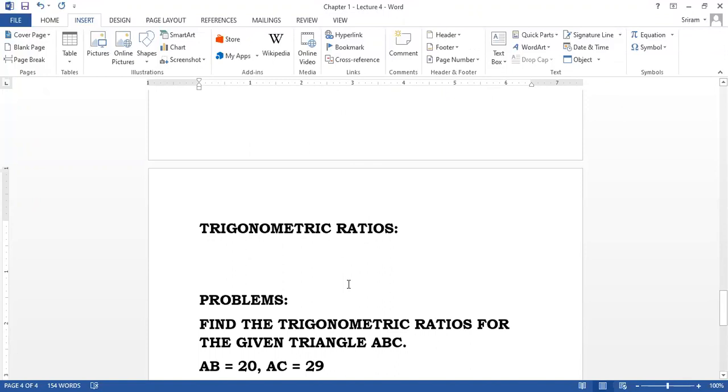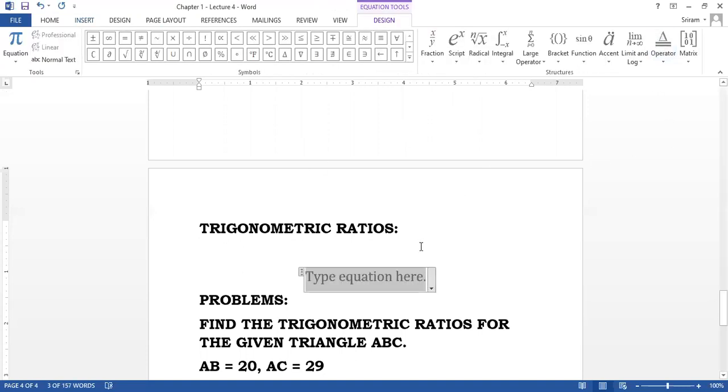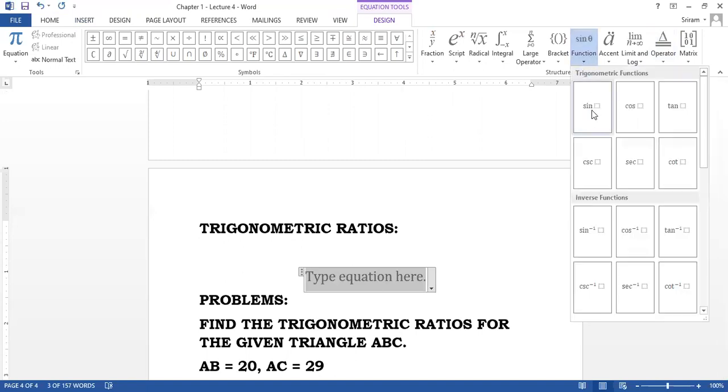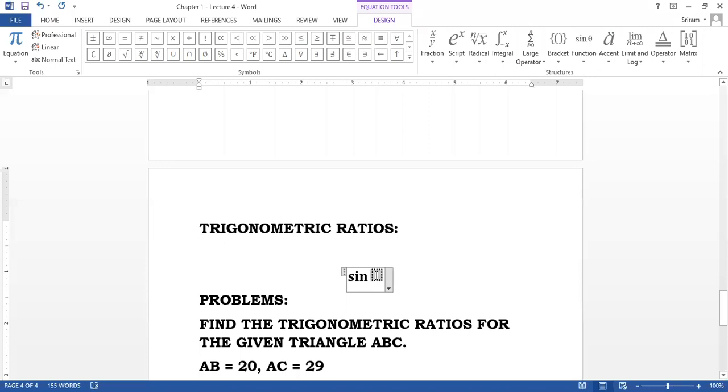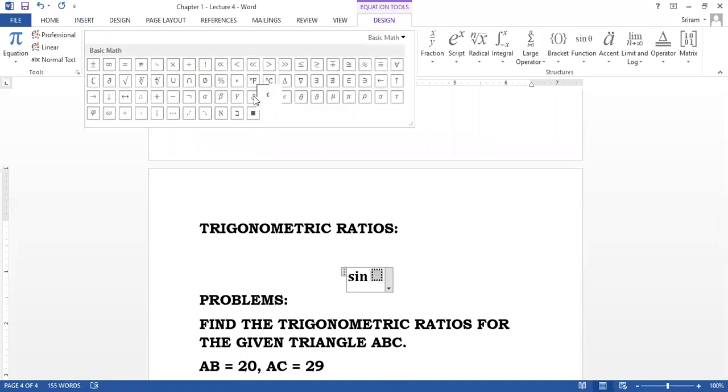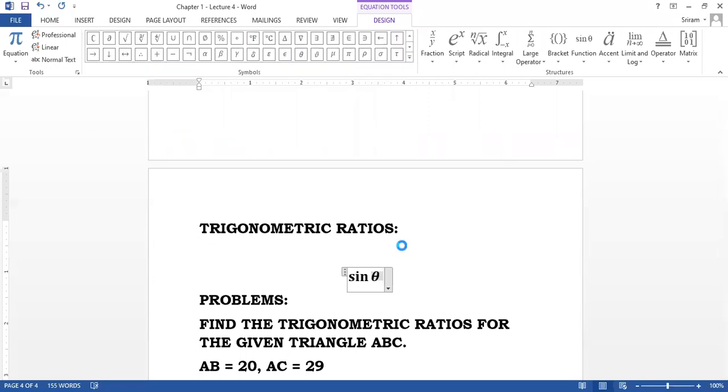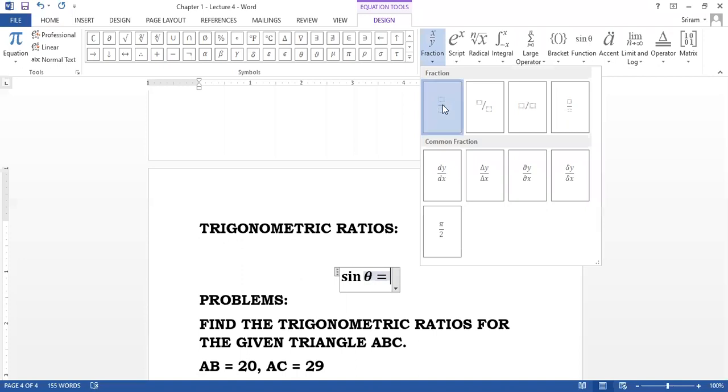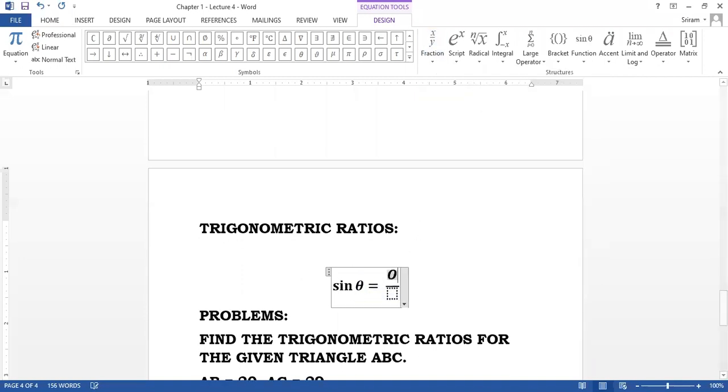What are they? One is called sine theta, one is called cos theta, tan theta, and so on. The meaning of sine theta is nothing but opposite side over hypotenuse.